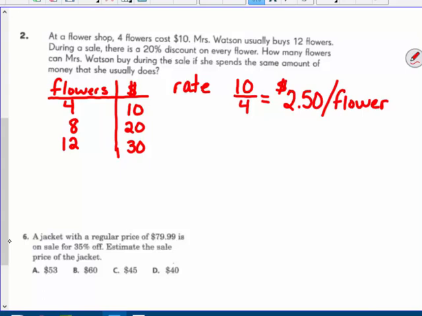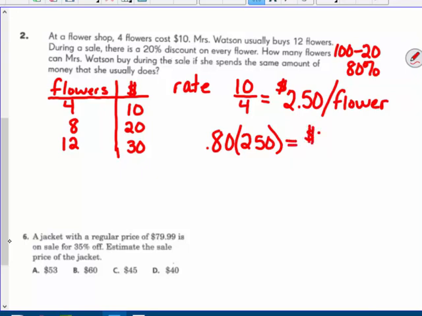If I take that 20% away from my 100, I know that she's going to pay 80% for each flower. So if I know normally she spends $2.50 per flower, what's 80% of that $2.50? Or 8/10 times that $2.50. Well, that is $2 a flower. So now she can buy flowers at $2 a piece.